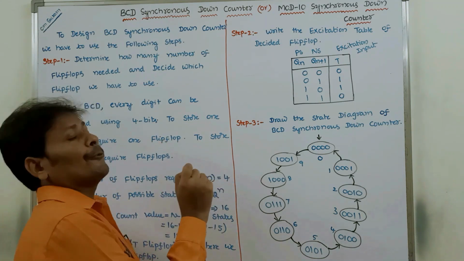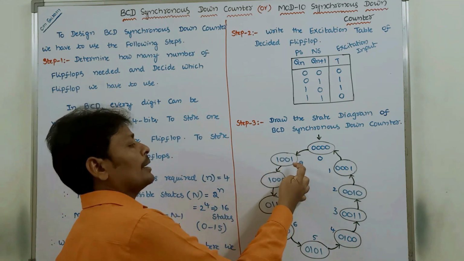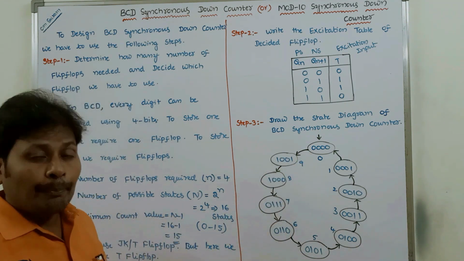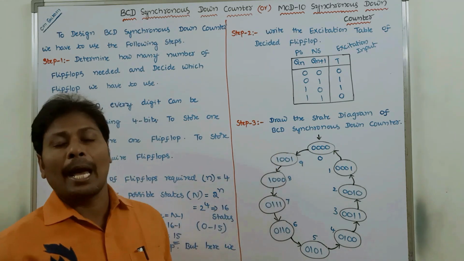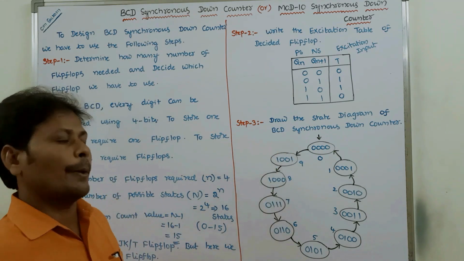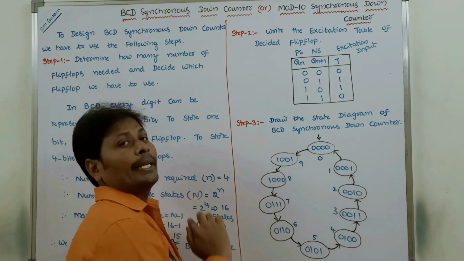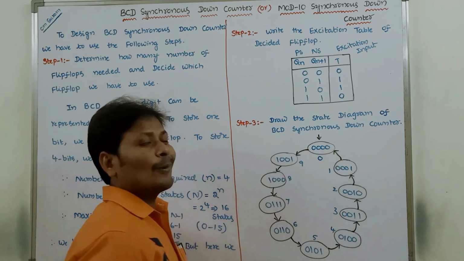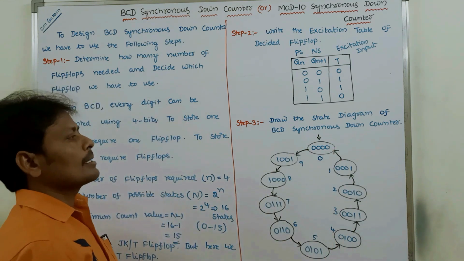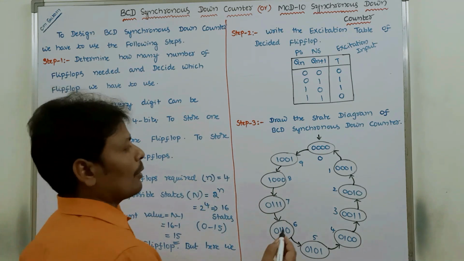Because it is a down counter, we start with 0 and go to the maximum count value, that is 9 among the valid states. Then each time the count value is decremented by 1 and finally goes to the 0 state. This is the state diagram of the BCD synchronous down counter.